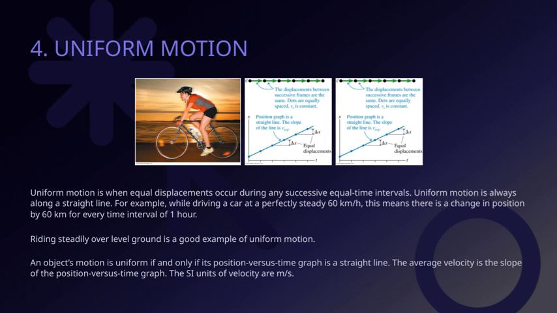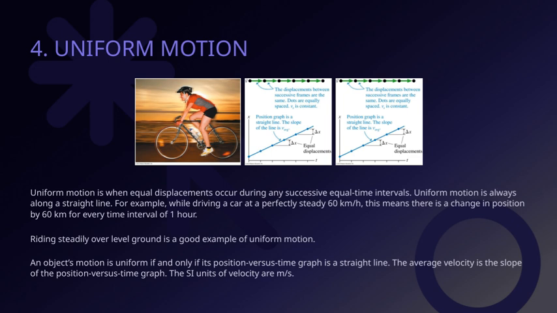A good everyday example of uniform motion is riding steadily over level ground. When you're cycling or driving at a steady speed, your motion is uniform because your position changes at a consistent rate. To clarify what uniform motion really means, it's when equal displacements happen during equal intervals of time.